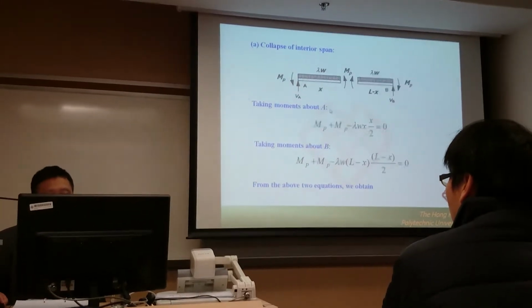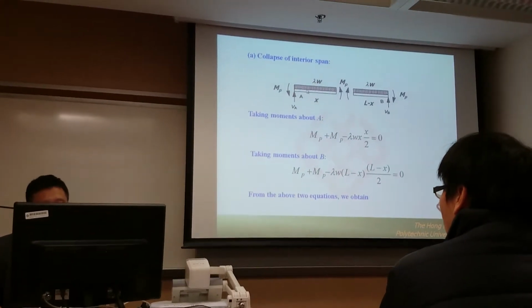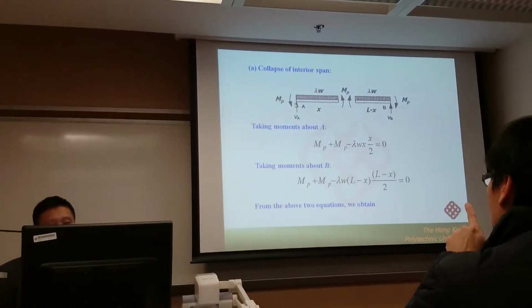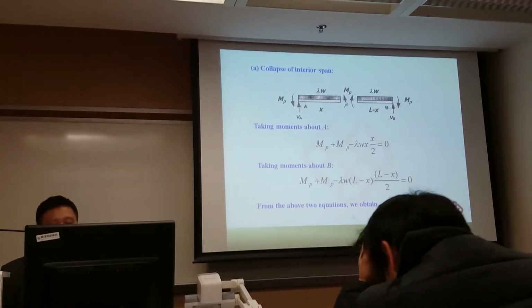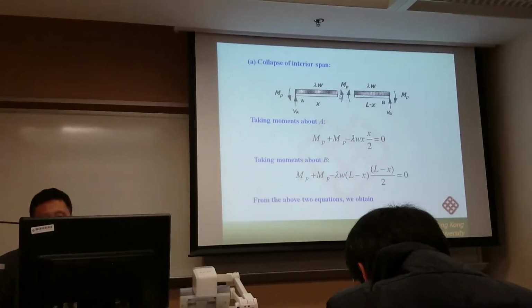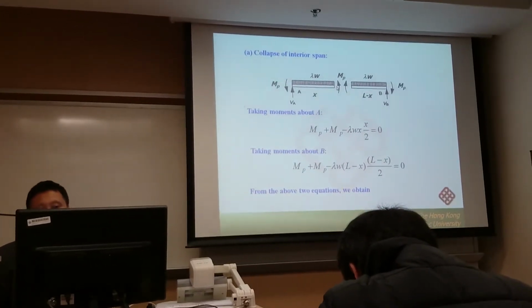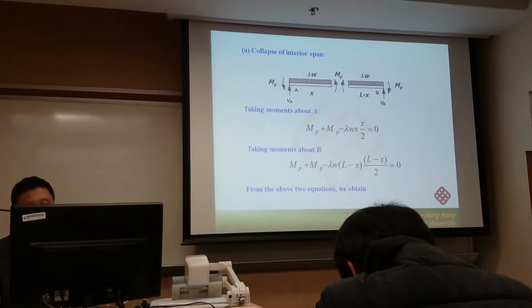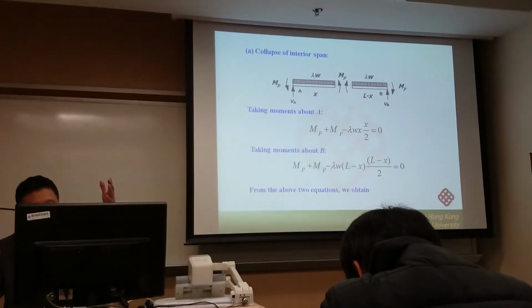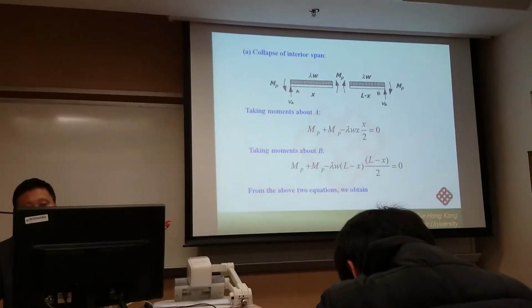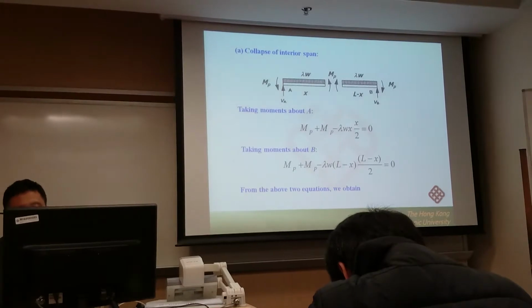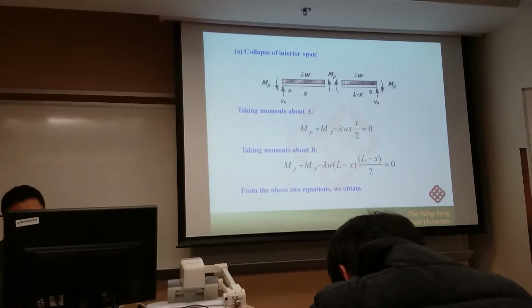So when we do the plastic analysis, please take moments at the support location, because the shear force at the cutting section is equal to 0. In the elastic analysis, we don't know; the shear force at the cutting section is not equal to 0. So in order to eliminate the shear force in the moment equation, we take a moment about the cutting section.